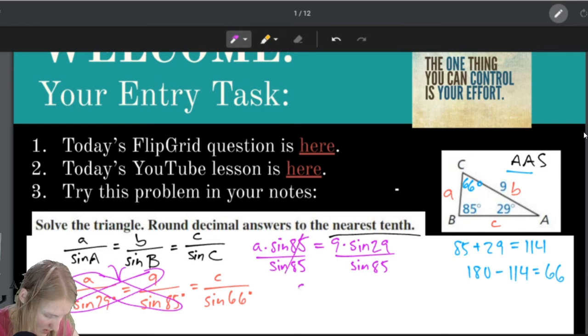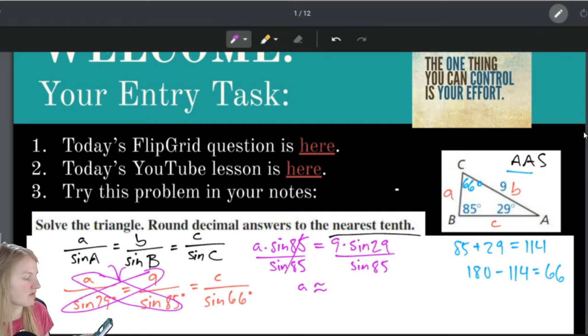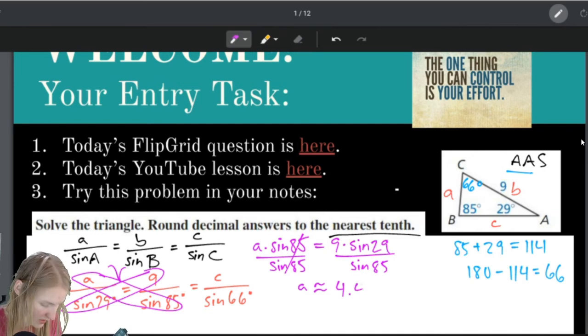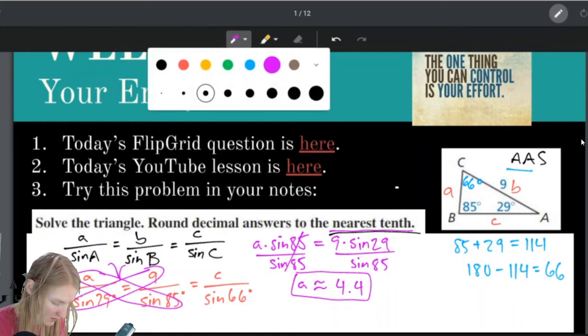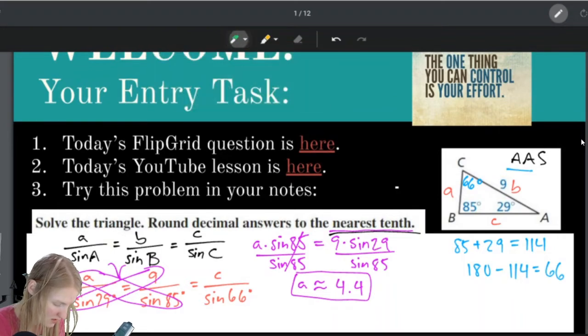And we get that a is 9 times sine of 29 divided by sine of 85, which is approximately 4.4, because we're going to the nearest tenth here.